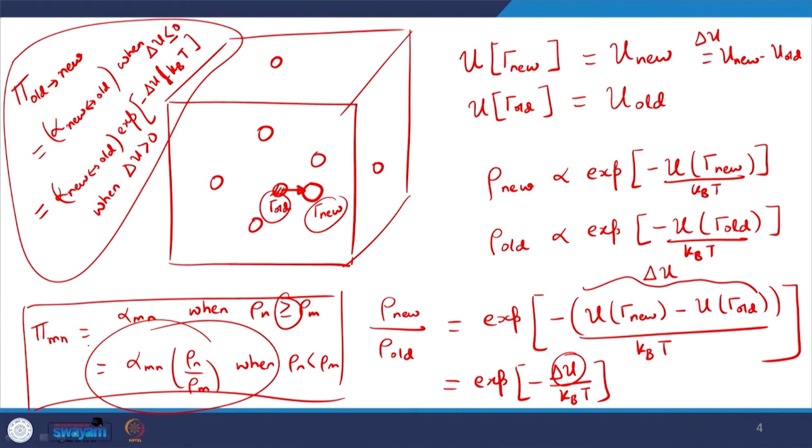And this is what makes the Monte Carlo simulation special, because, as I have been telling you, we have a control on this pi mn. I can have a lower probability of going from a high probable state to a low probability state. So I have that in full control.